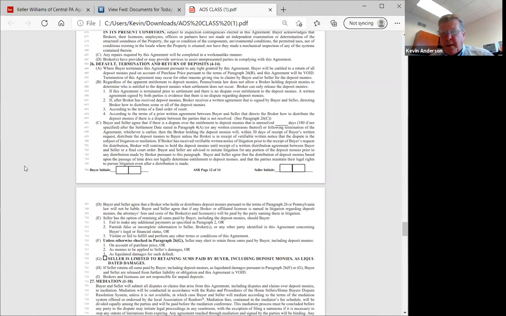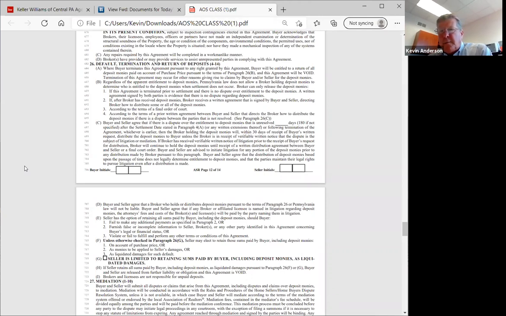After 30 days in our case, hopefully, the settlement date stated in paragraph 4A or any written extensions thereof. So if it was extended, whatever, but 30 days after any extensions or settlement date or following termination of the agreement, whichever is earlier, then the broker holding the deposit monies will within 30 days, here's key. And I don't know how many people know this is in here, but we've had to deal with it a couple of times.